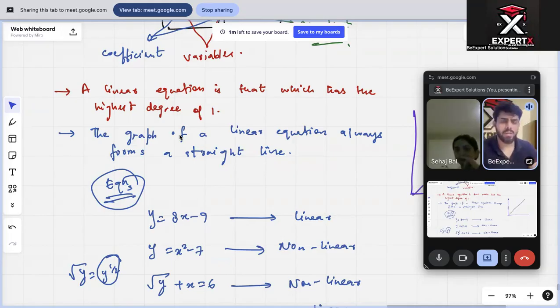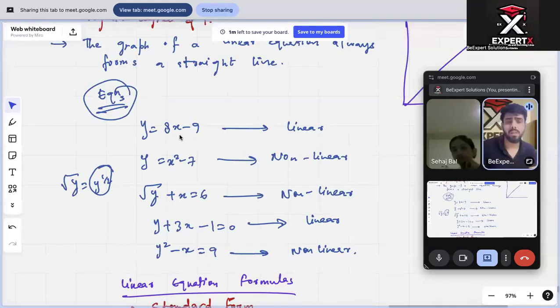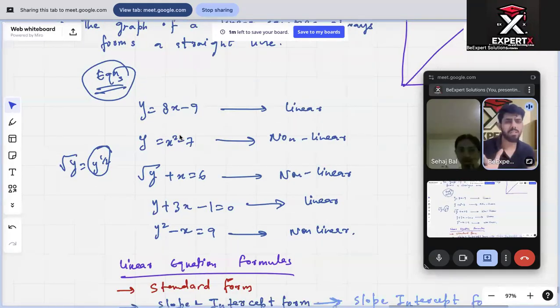When you plot the points, you will realize that it comes out like that. So that's why the graph of a linear equation always forms a straight line. That's what they mentioned. Now there are some equations where we figured out why this is linear or non-linear. The one with the highest degree 1 is linear, and the one which does not is non-linear.